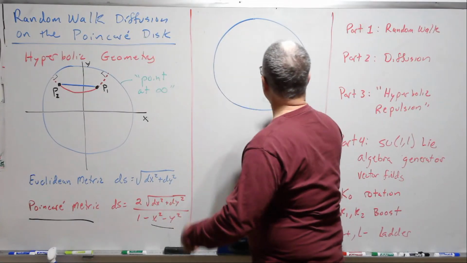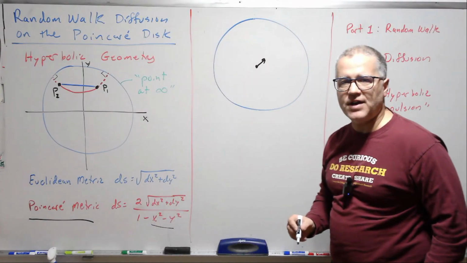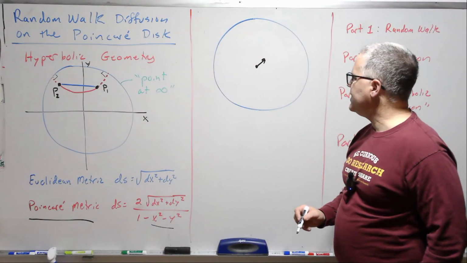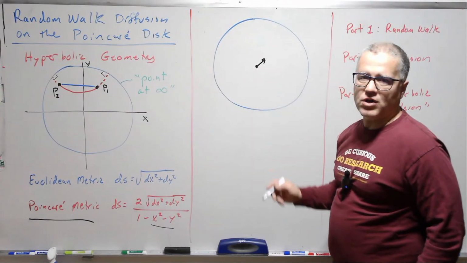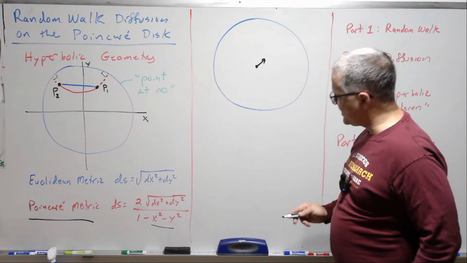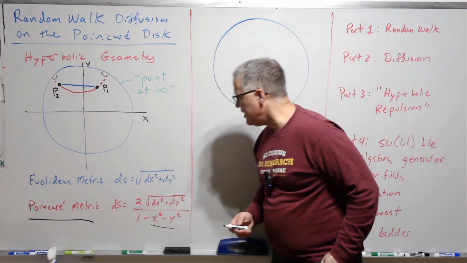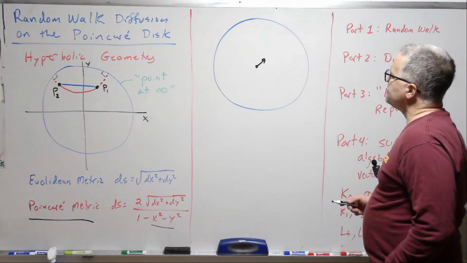So if we're here and we get a random step, that's going to look very much like the Euclidean step. And in fact, if we're right at the origin, it'll be equivalent to the Euclidean step, because that would say r is 0, and we just have the Euclidean metric.